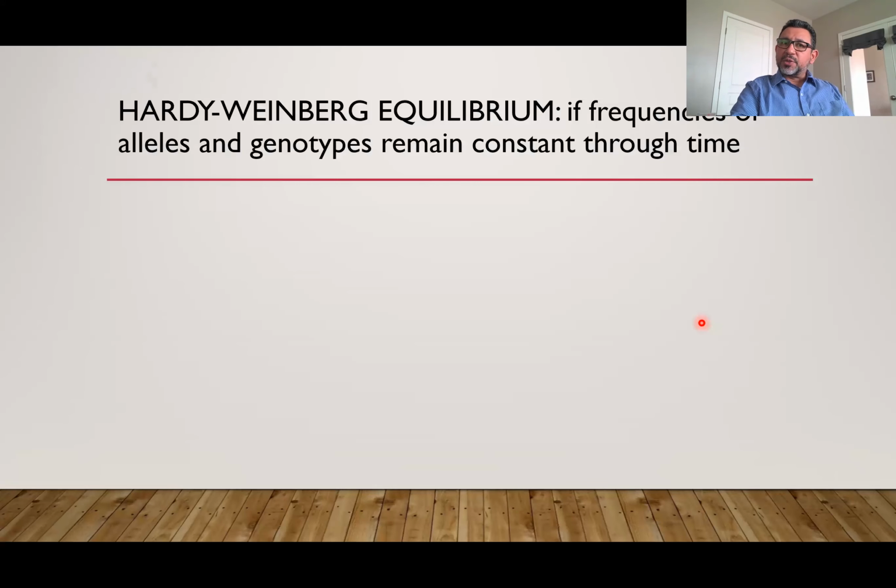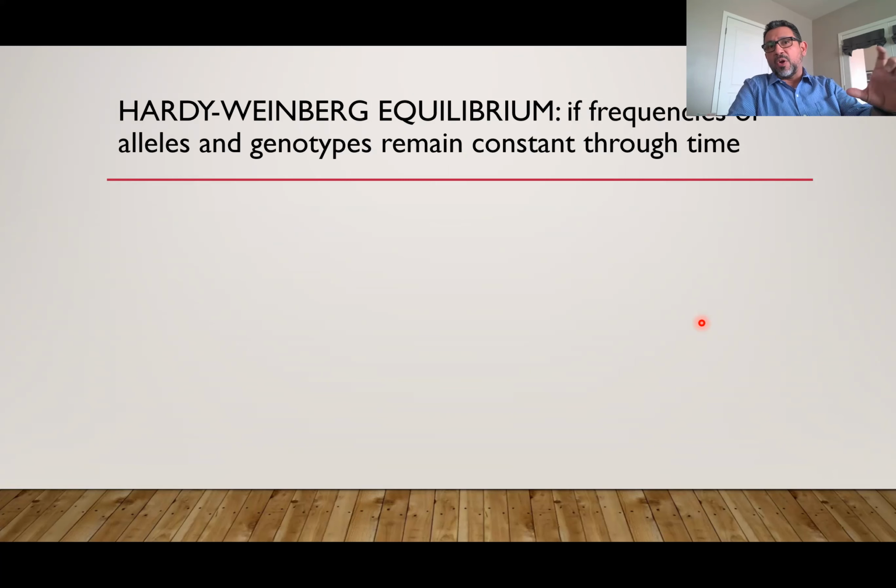Now, related to this idea of microevolution is also the concept of Hardy-Weinberg equilibrium. Hardy-Weinberg equilibrium is the situation where in a population, the gene pool remains constant. The alleles you have in a population not only remain generation after generation, but also the frequencies of those alleles are not changing.